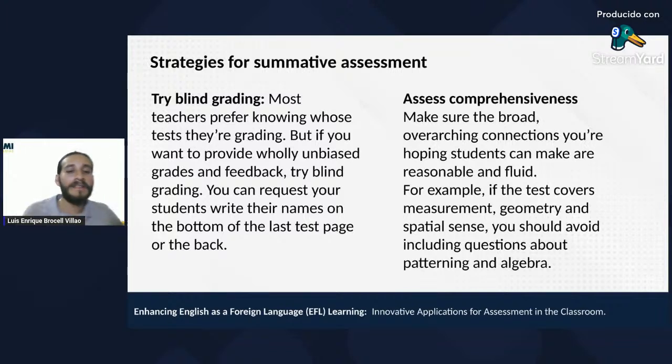Assess comprehensiveness. For summative assessment, make sure the broad, overarching connections you are hoping students can make are reasonable and fluid. If the teaching process is not clear or effective, we cannot assess what we haven't taught.